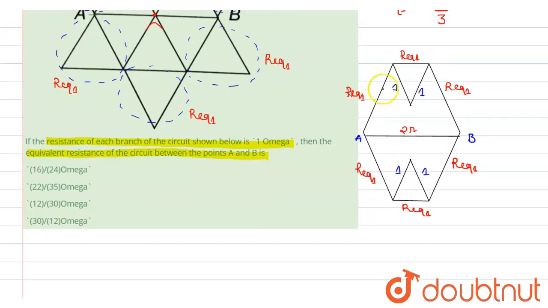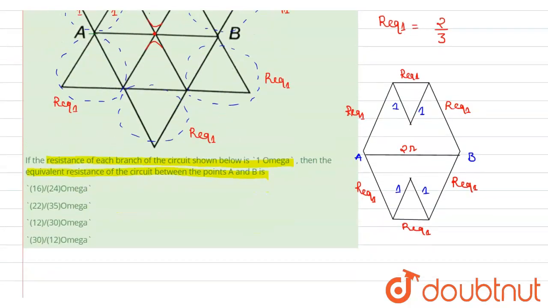Now if we calculate, R equivalent 1 is 2 by 3 and this will be 2. So the parallel arrangement of 2 and 2 by 3 will be simply how much? Let me find it.